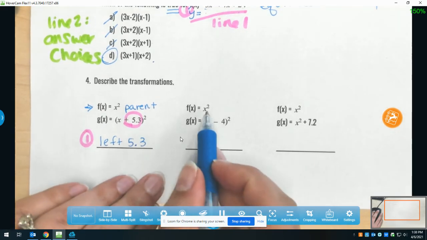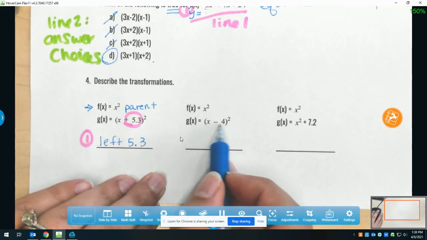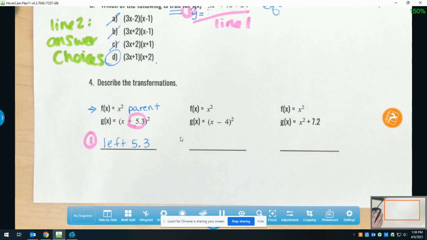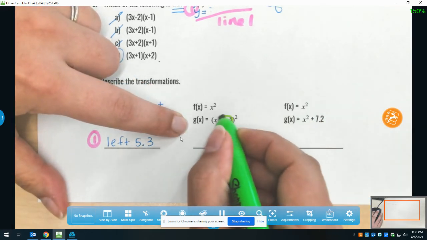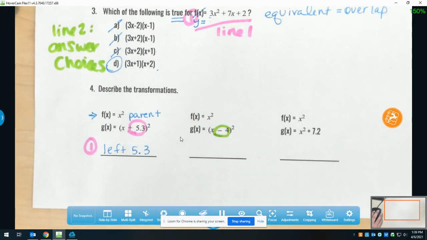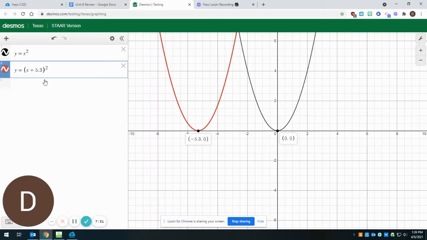Okay. Now, we're going to do the same thing here. The only change is going to be in the parentheses again. So when we compare f of x and g of x, it just has this extra minus 4 inside the parentheses.